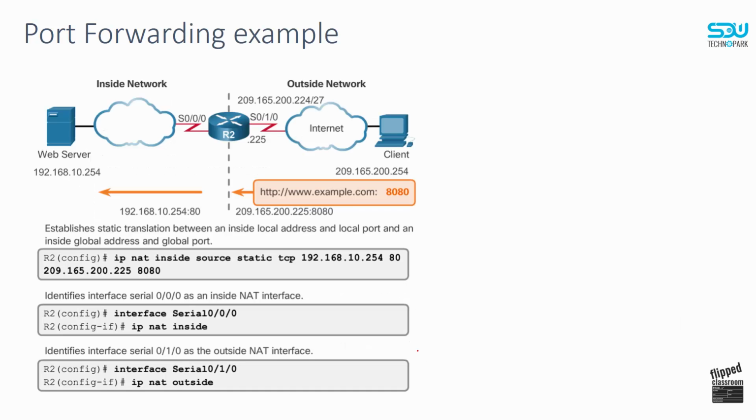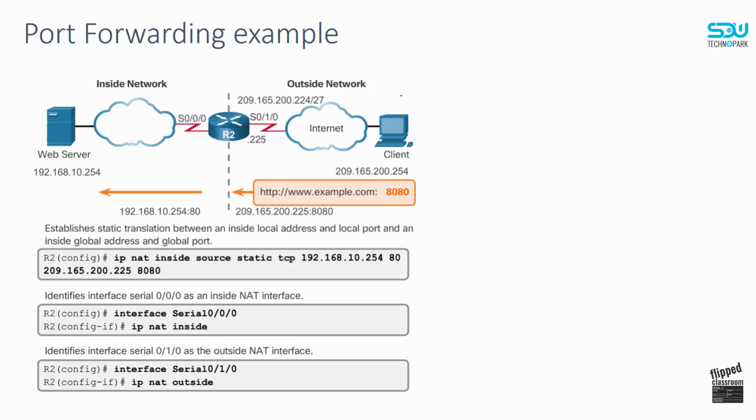Now let's take a look at the port forwarding example, where we have a client placed in the public network which wants to have access to the private network in which we have multiple servers, or maybe even a single server, but in our example it will be multiple servers.